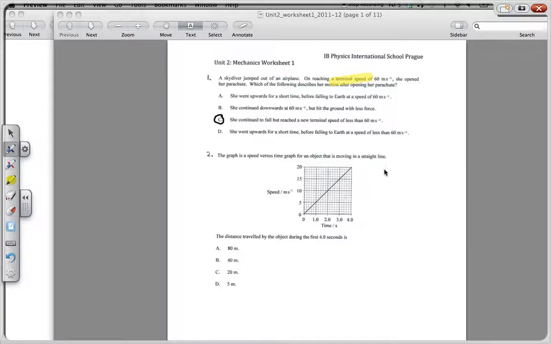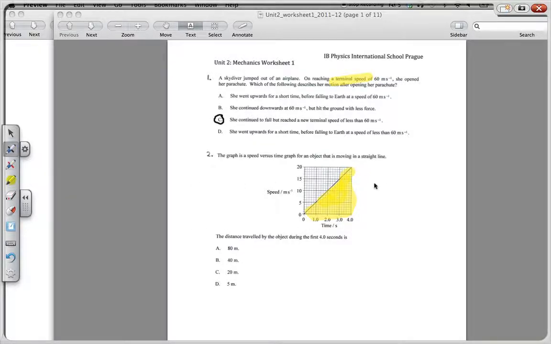Alright, looking at question 2, the graph is a speed versus time graph for an object that is moving in a straight line. The distance traveled by the object. Now for this you need to realize that the area underneath this curve here equals the displacement or the distance, depending on if you're talking about a speed or velocity time graph.